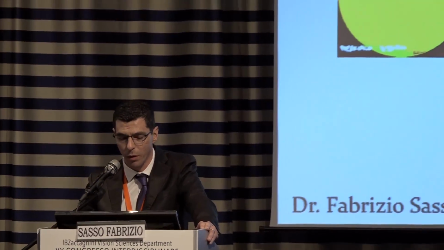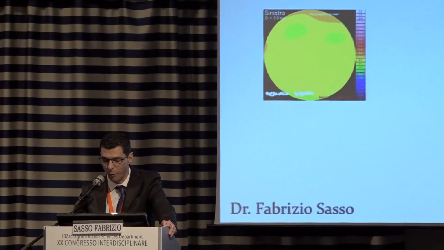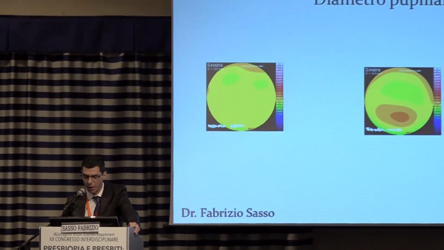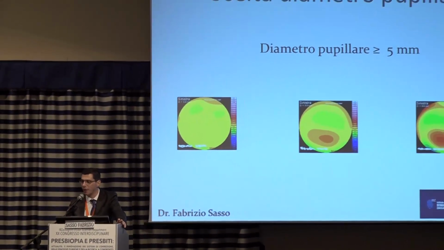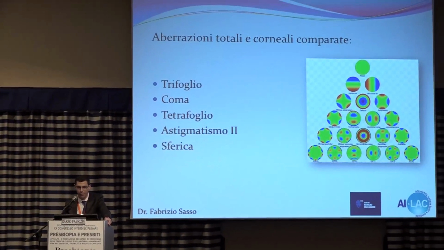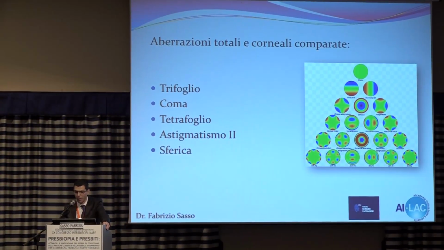I removed data for 3 millimeter aperture. I excluded the maximum aperture because each subject can have a maximum aperture which is different from others. So everything we will see now concerns pupil diameters of 5 millimeters.